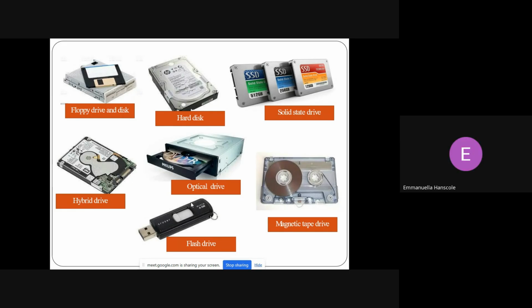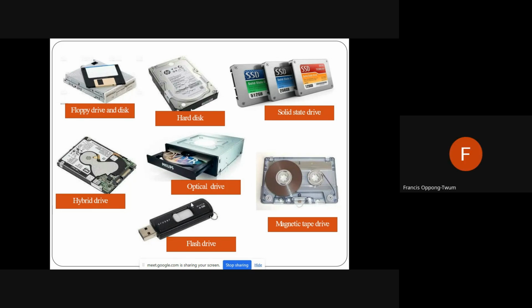Sir, look at the hybrid drive. We know that it has features of the hard disk and the solid state drive. Is it an evolving technology that is now coming in, or is it something that is already there?